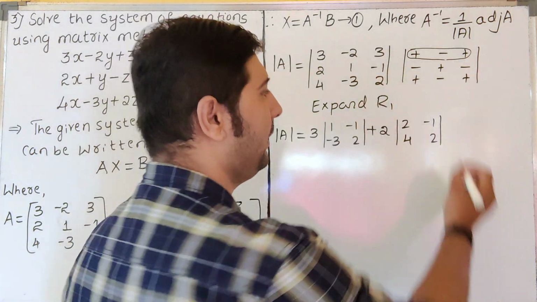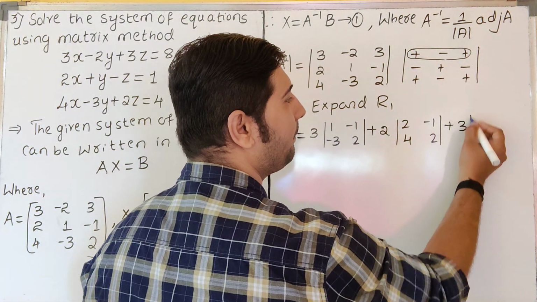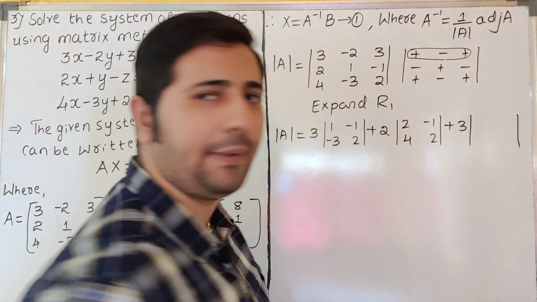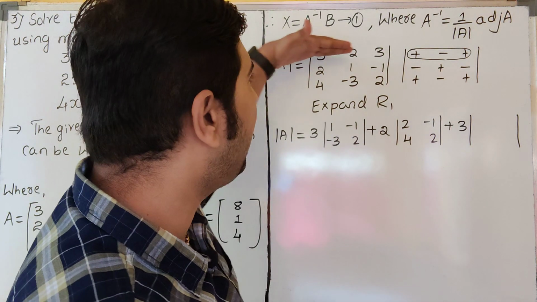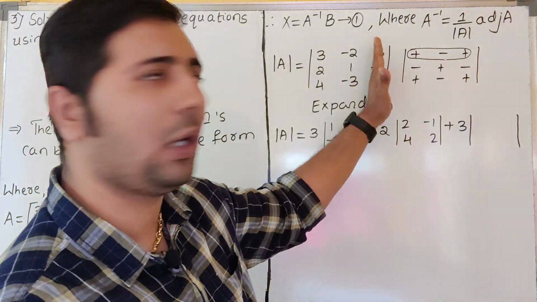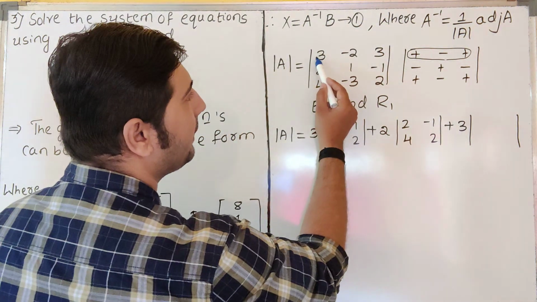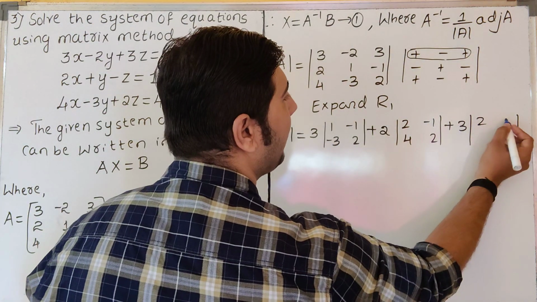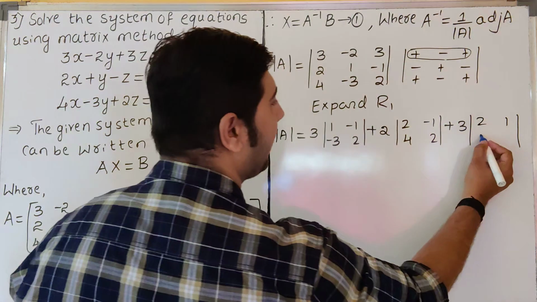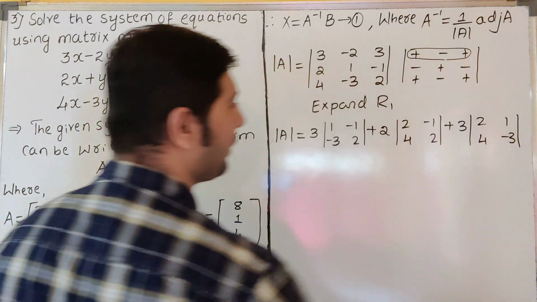Plus into plus, plus 3. Where is this 3? It is in the first row, last column. You are left with 2, 1, 4, minus 3.